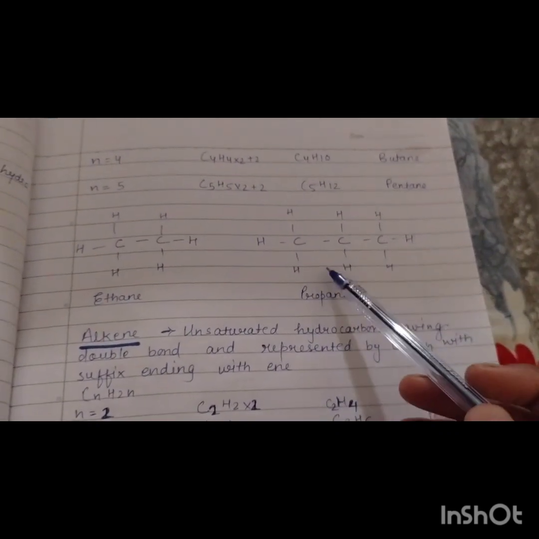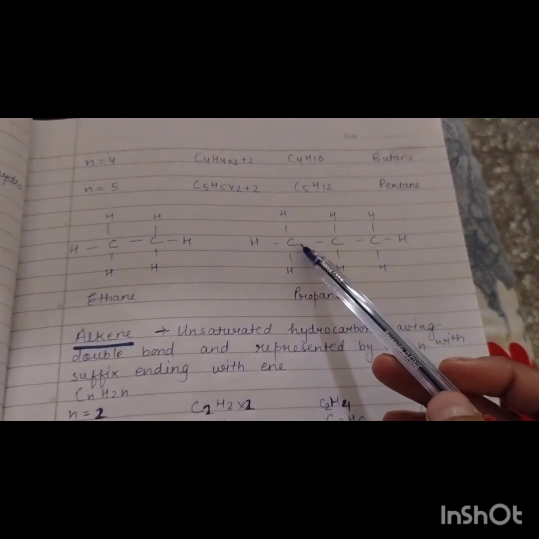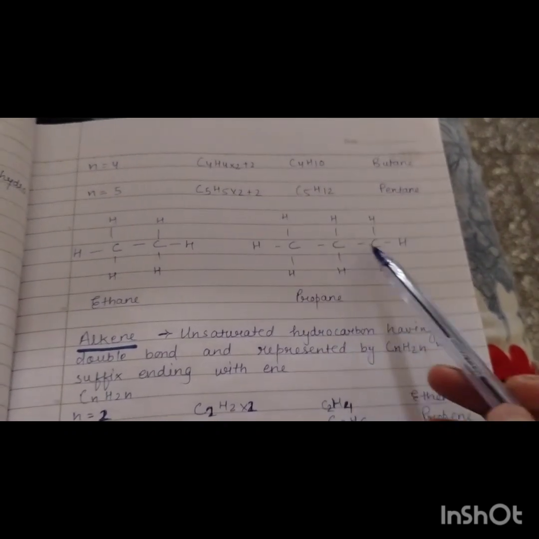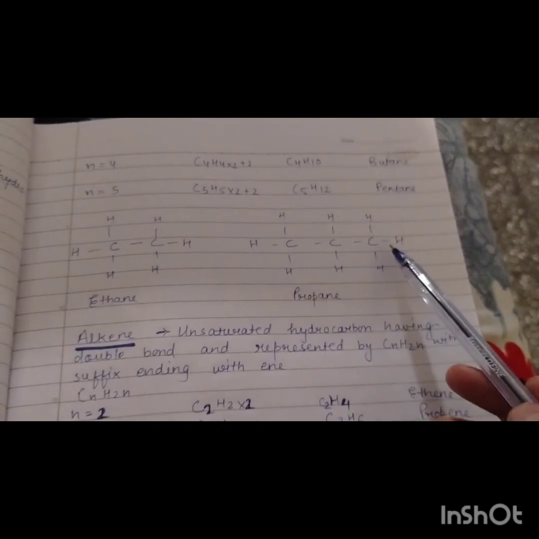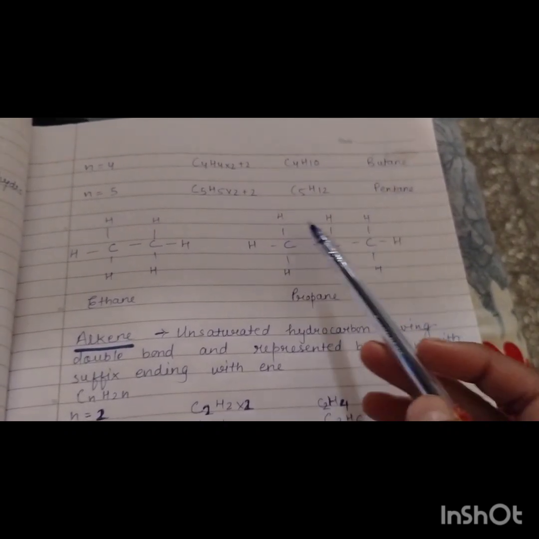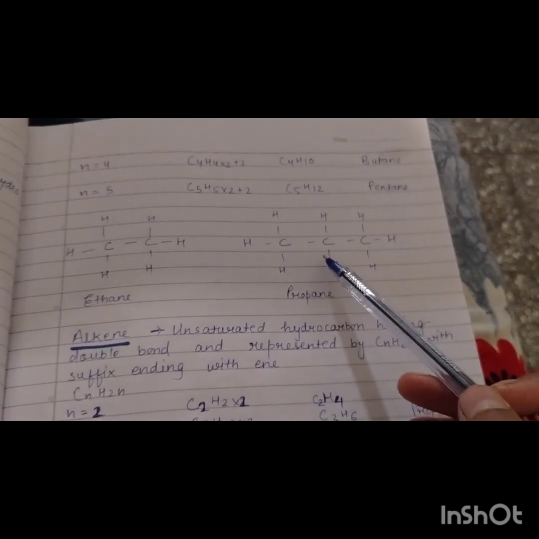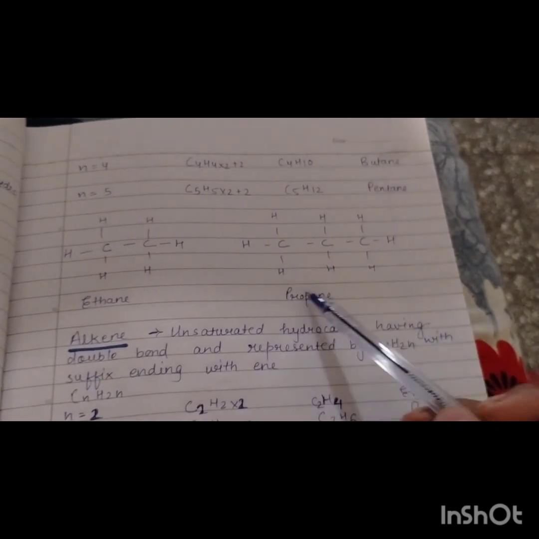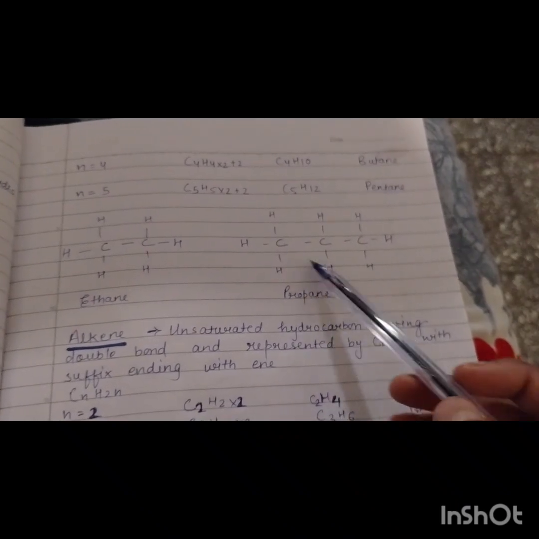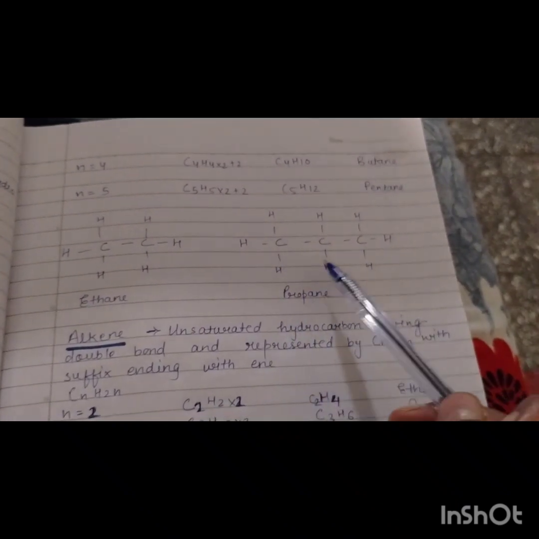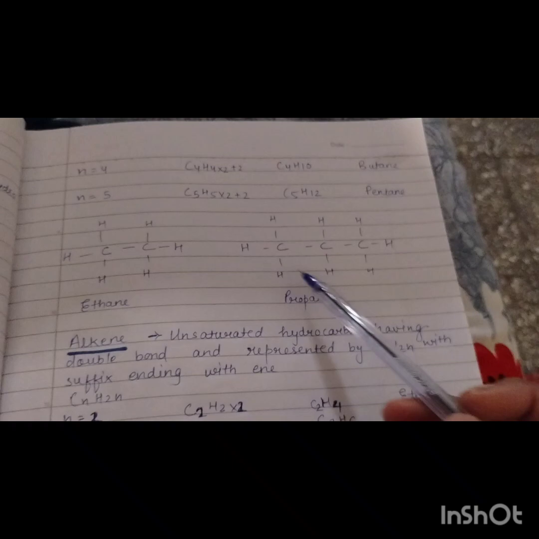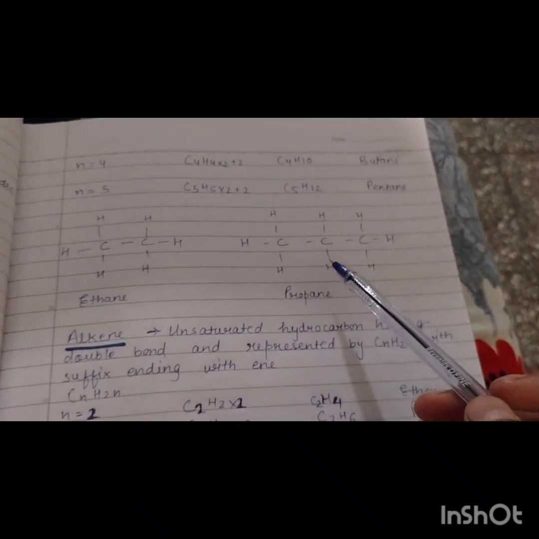And the propane structure: here the carbons are 1, 2, 3, meth, eth, prop, and the surrounding hydrogens are 3 hydrogens there, 2 hydrogens, and 3 hydrogens there, that is the propane molecule. Here the bonds are single bonds, that is a saturated hydrocarbon.